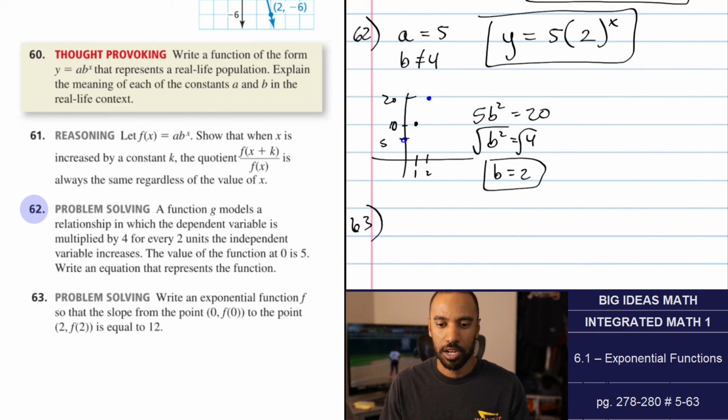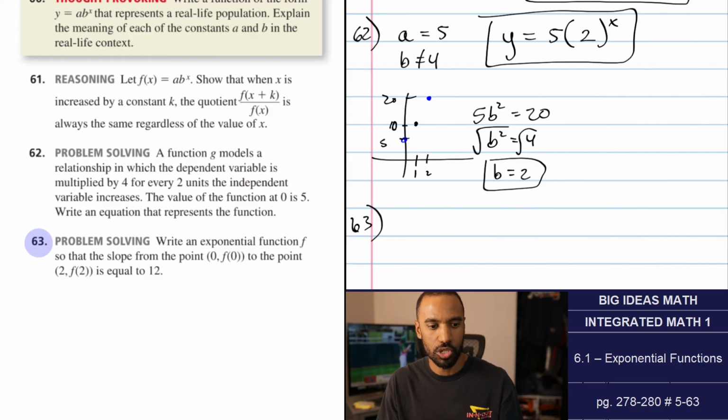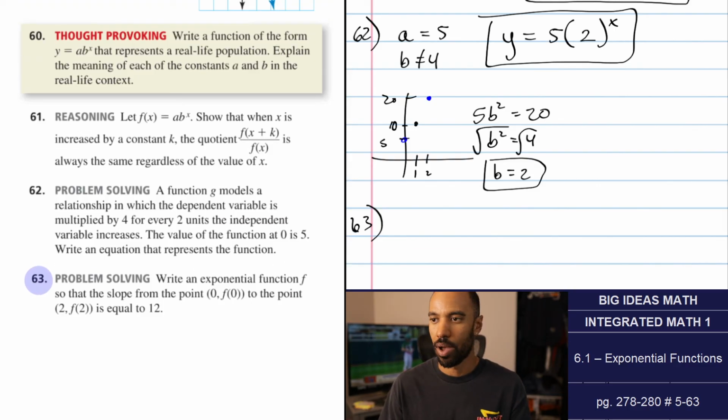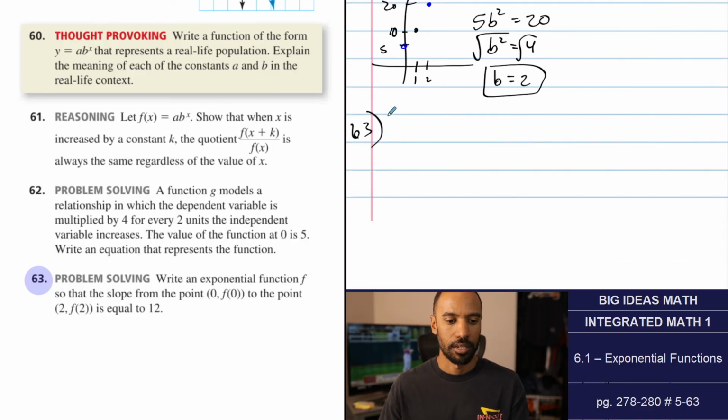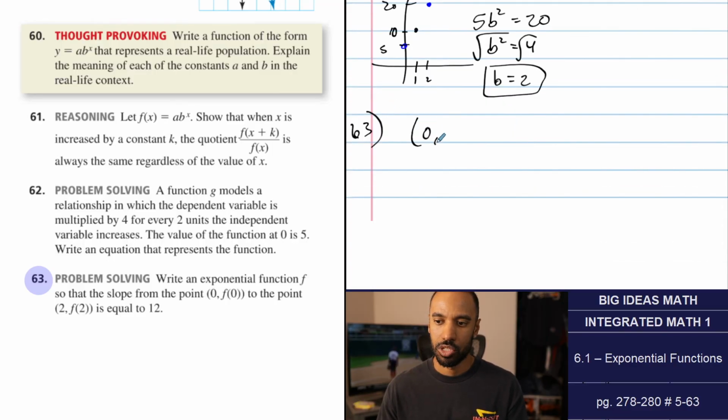It says, write an exponential function f so that the slope from the point (0, f of 0) to the point (2, f of 2) is equal to 12. Okay, so we have (0, f of 0) and (2, f of 2).